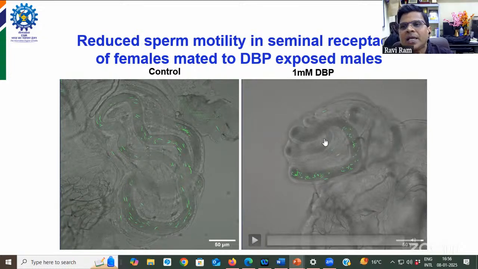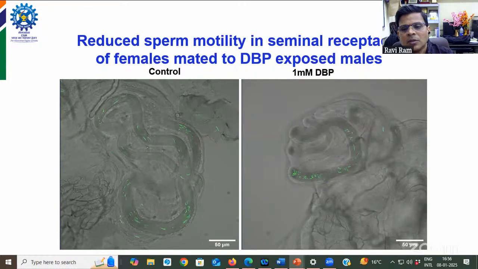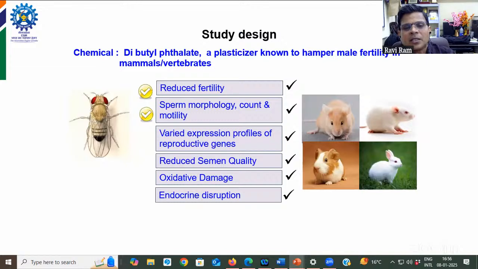This clumping itself is shown to cause infertility because the sperm can no longer be used for fertilization purposes. So it was very clear that exposure to the chemical, like in mammals, affects the sperm counts and motility.